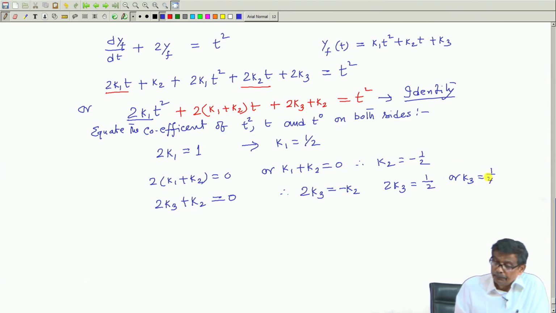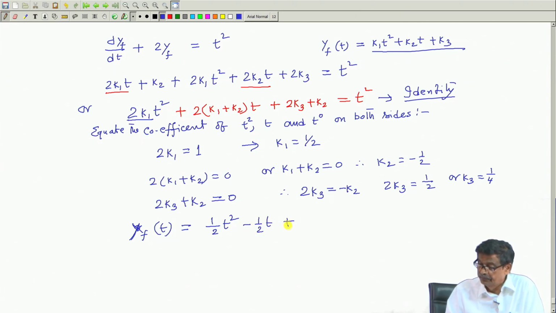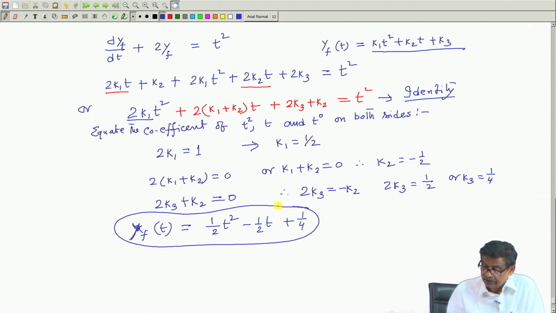Therefore, y_f(t) will be equal to k1 t square, put the values there. So, k1 was half t square, plus k2 into t, that is minus half into t, plus k3, which is equal to 1 by 4. This will be the solution due to forcing function, mind you.